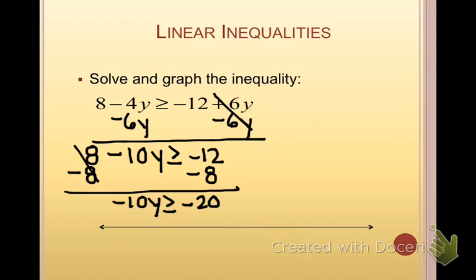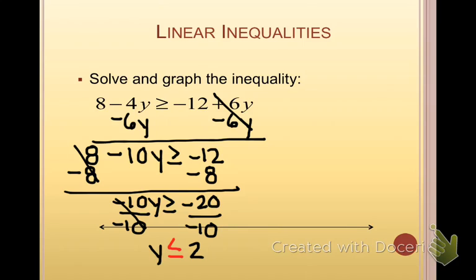Now watch here. In this step where I divide by -10, because I am dividing by a negative, my sign is going to flip. It goes to less than or equal to 2. It does not matter that the -20 was negative.